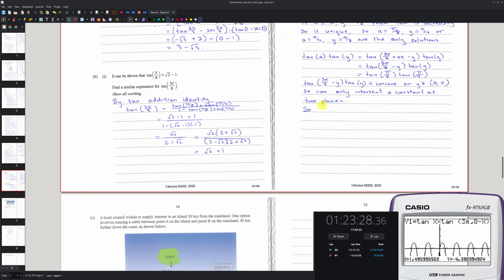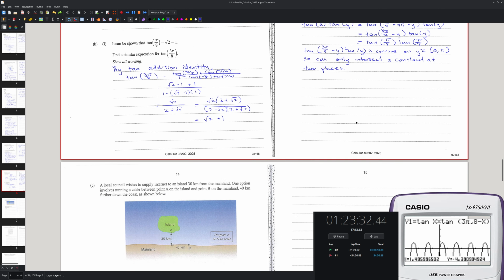So therefore x equals pi on 4 plus 2n pi, y equals pi on 4 plus m pi, m an integer, or x equals pi on... Oh, that's why.